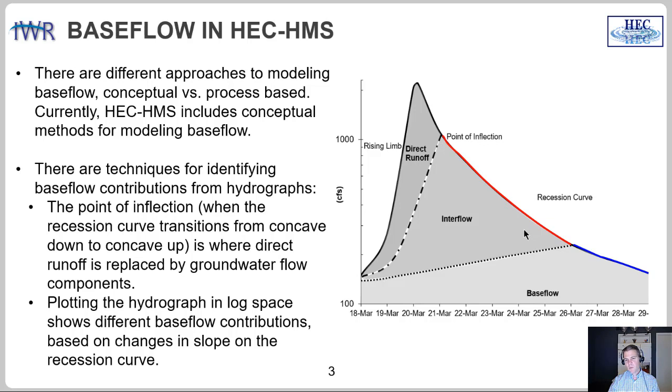And when you look at it that way, it's a little bit easier to point out, well, for this portion of the curve with this consistent rate of recession, that's going to be my interflow portion of the runoff hydrograph. For this curve right here, where the slope change happens, that's going to be where base flow or groundwater flow in this case is a major contributor to the runoff hydrograph.